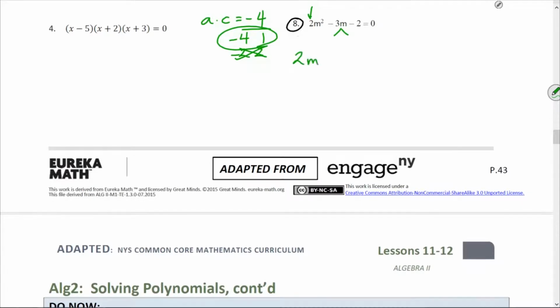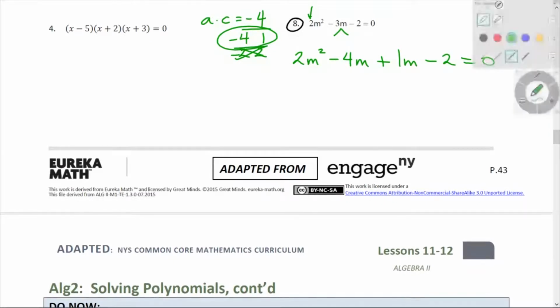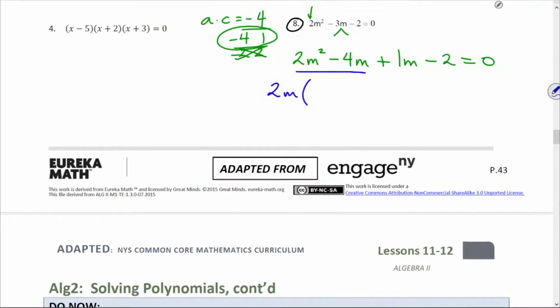But 2m squared, I'm going to split up my -3m into two terms according to this, -4m and plus 1m minus 2 is equal to 0. So splitting that term up. Okay, and then from here I do factor by grouping. This is normal factoring, but don't lose your equal 0. So these two terms, the biggest GCF is 2m, and I have m minus 2.